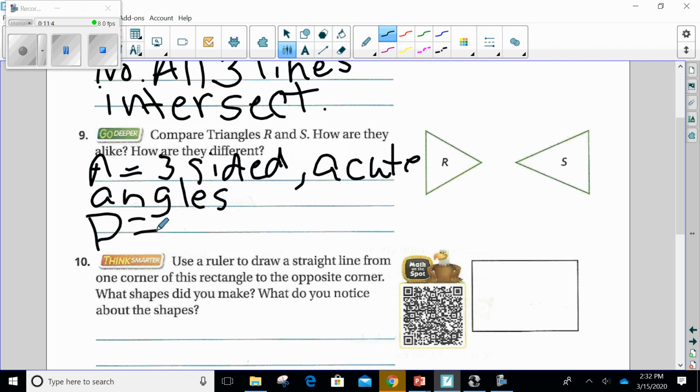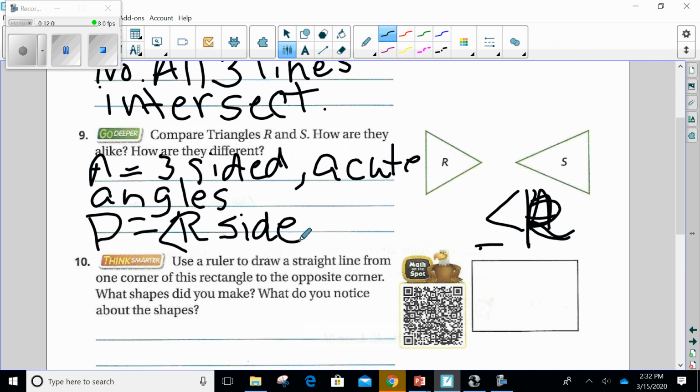Well, their sides. I'm going to put angle R here, to represent, that right there tells me it's an angle. Angle R, the sides are equal. That means it's an equilateral triangle.